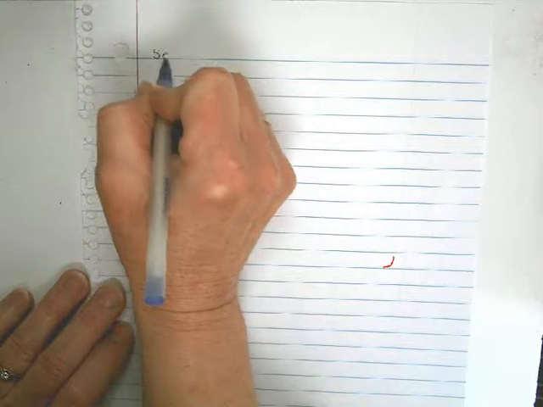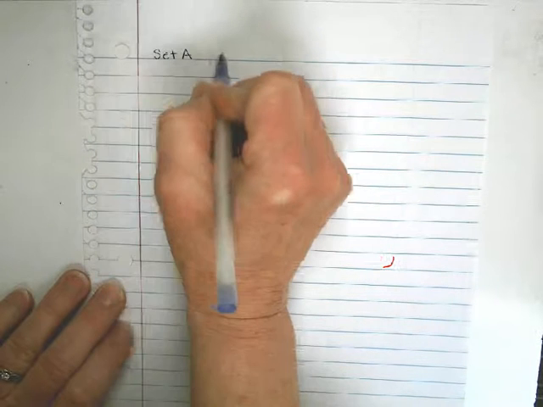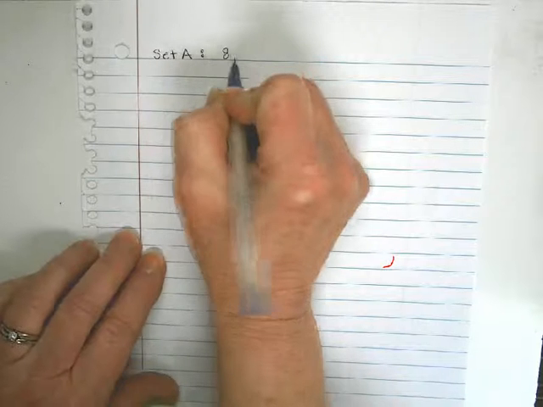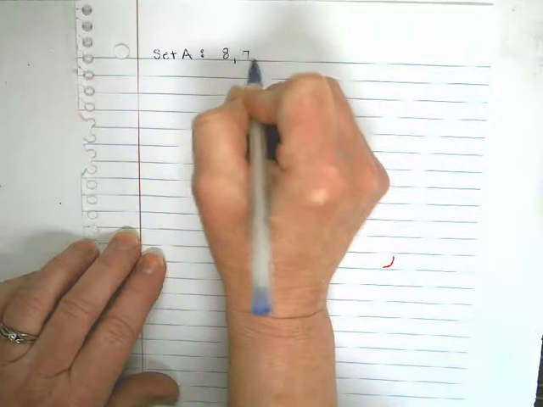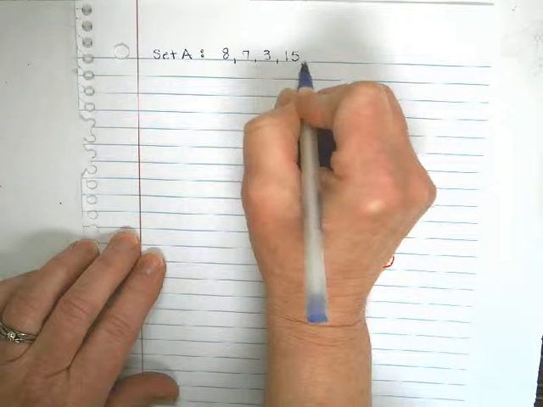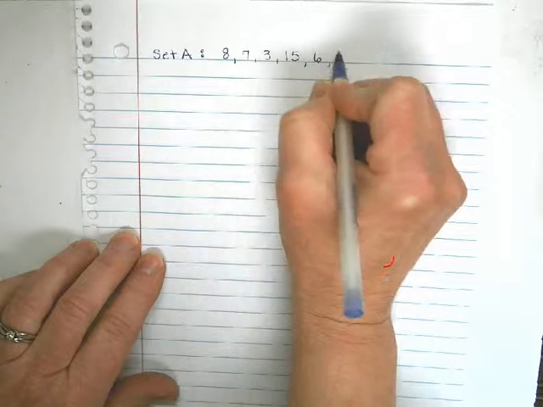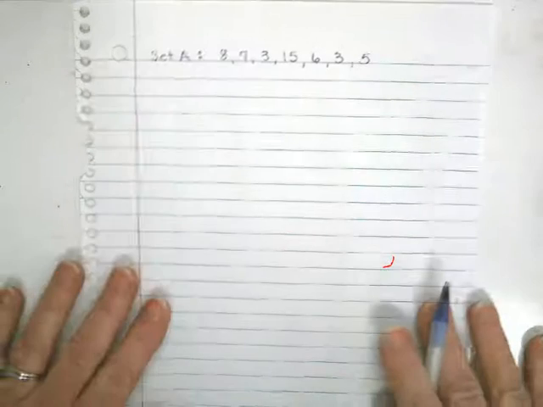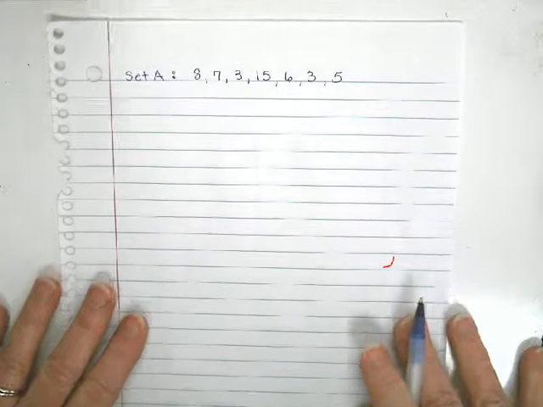Let's start with set A. And let's make set A these numbers. Please write them in your note. The first thing you want to do is make sure that you put them in order.